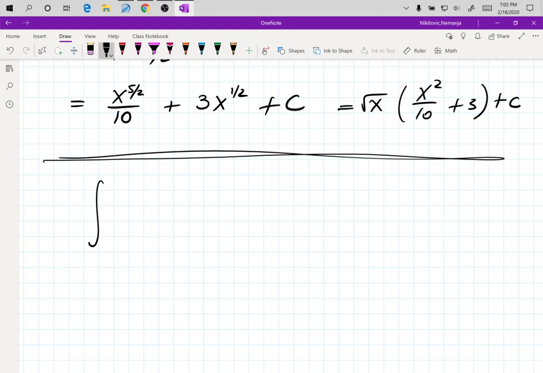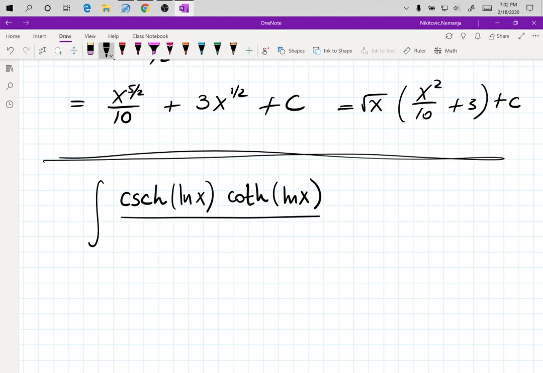So, let's say you have cosecant hyperbolic of ln x, let's go simple, ln x cotangent hyperbolic ln x divided by x dx.